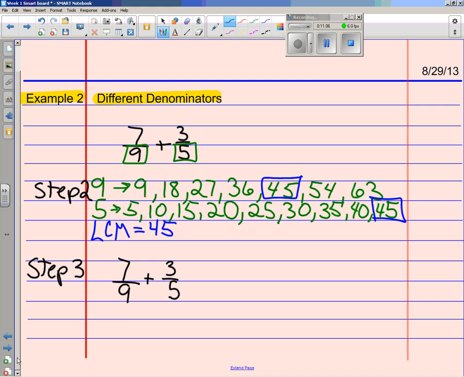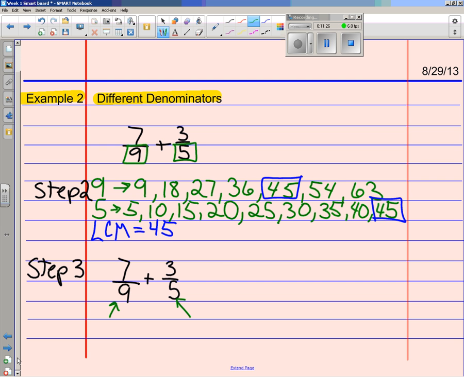And now we need to get these denominators to both be 45, because that's our least common multiple. So my question for you is, if I want to turn 9 into a 45, how am I going to do it?